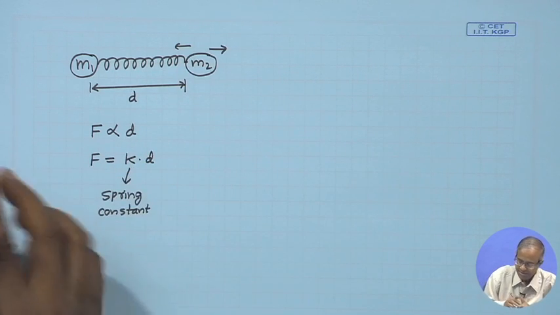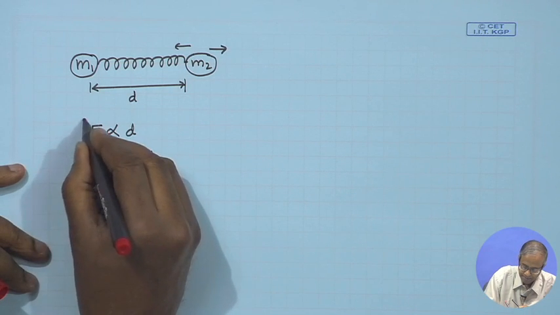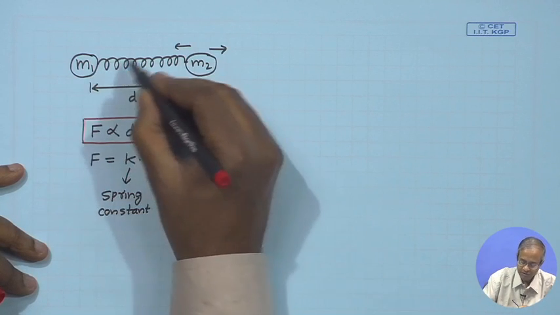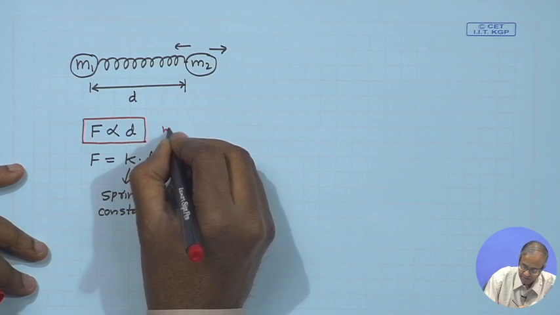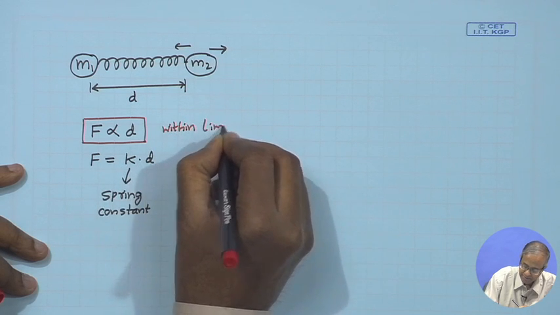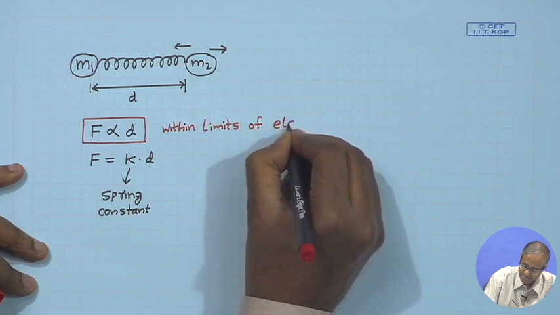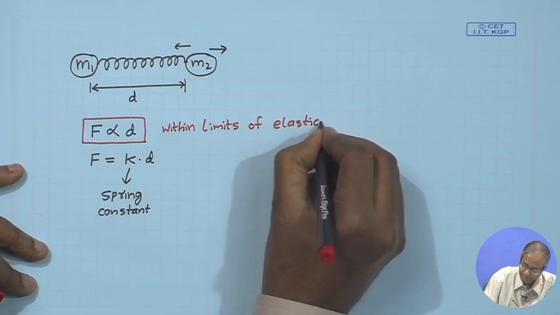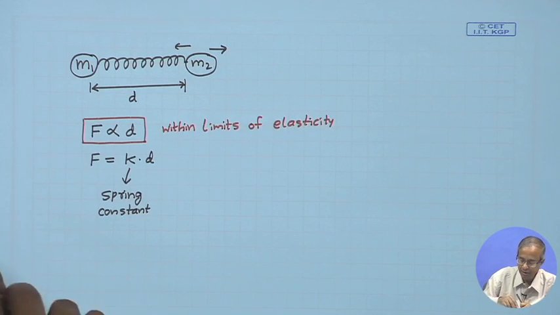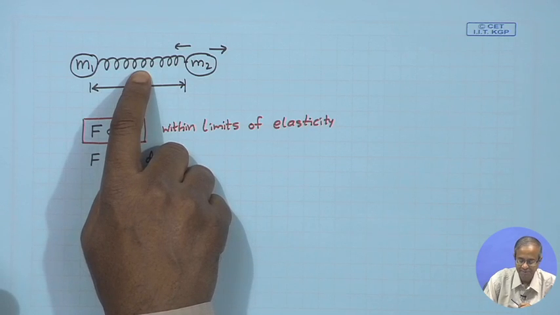So, this proportionality between F and d will hold for this spring material within limits of its elasticity. See, if you pull this spring beyond a certain limit, then some permanent damage might take place in the material.